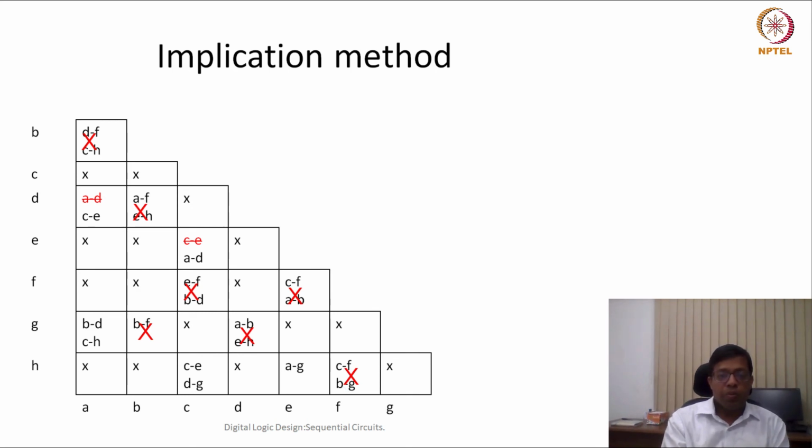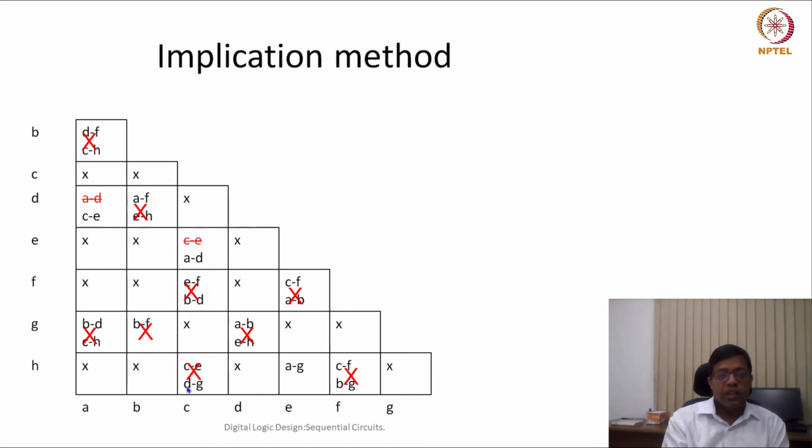Similarly for B and G, we can cross this also. This is again because of B and D. Because B and D is not equivalent, A and G is also not equivalent. Now because A and G is not equivalent, this is also not equivalent.